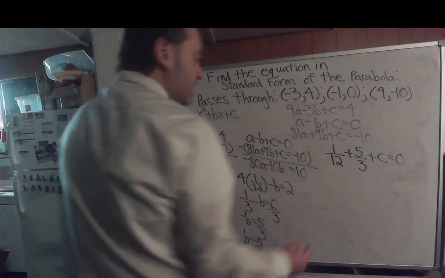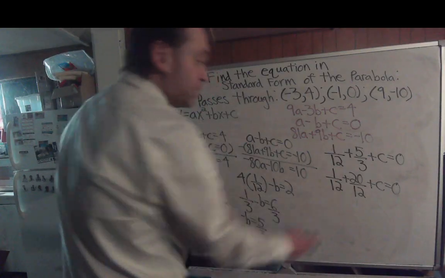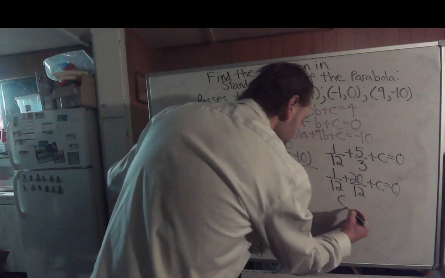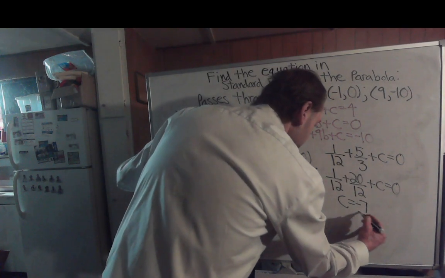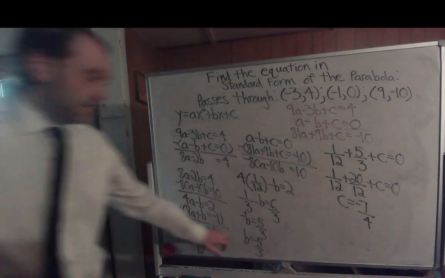Well, 1/12 plus 5/3, that's going to be the same as 1/12 plus 20/12. Plus c equals 0. Well, 21/12 is what? Those both divide by 3. That would give you 7/4. So c would end up equaling negative 7/4. So now we found our a, b, and c.